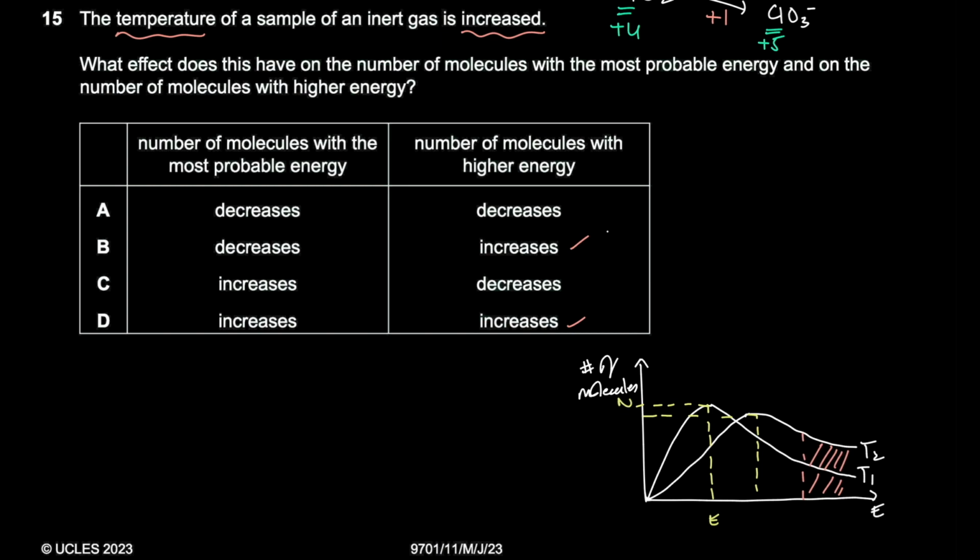The number of molecules at that modal energy, the energy where we have the greatest number of molecules, in other words the peak, is actually lower. So the number of molecules with the most probable energy decreases, which means that the answer is B.